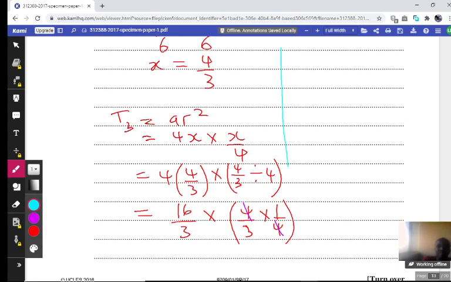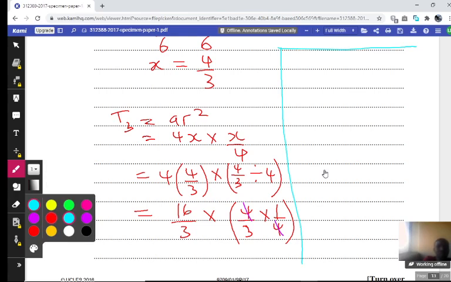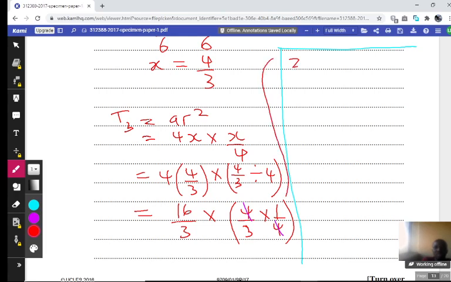Let me finish up on this side. So a will be 16 over 3, times 1 over 3. If you simplify this, what do we get?